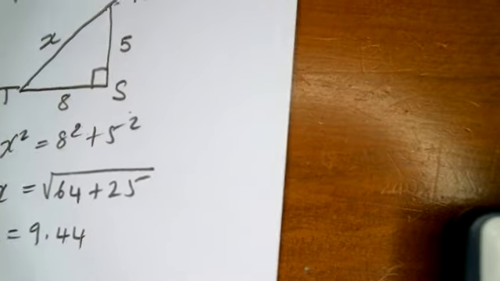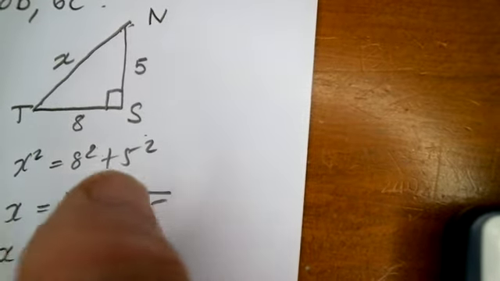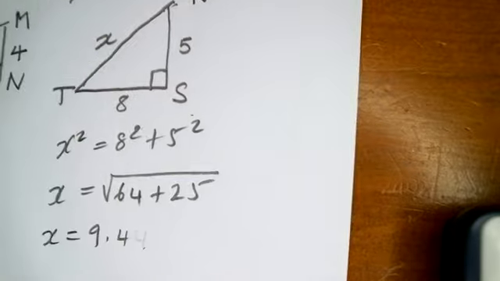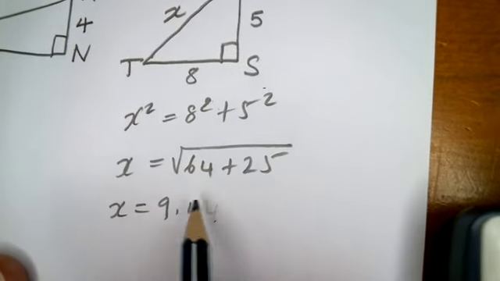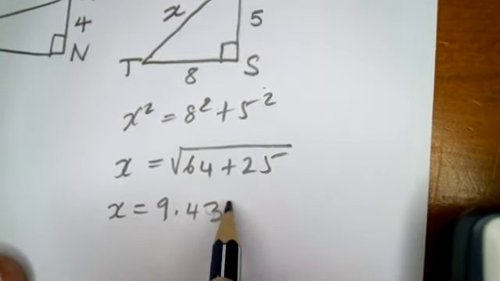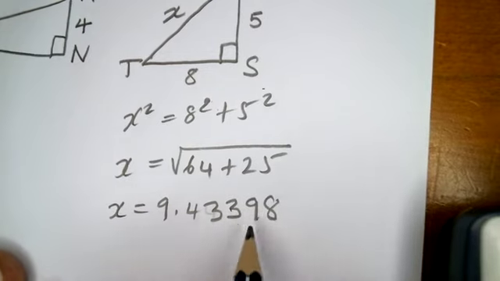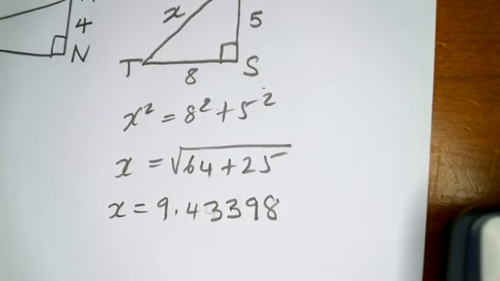So X is equal to 9.43398. I'm going to try and keep as many of those decimal places in as I can, so we don't lose any of the accuracy. I don't really need a couple of DPs, but I'm going to keep all those in so that things work out a bit better.